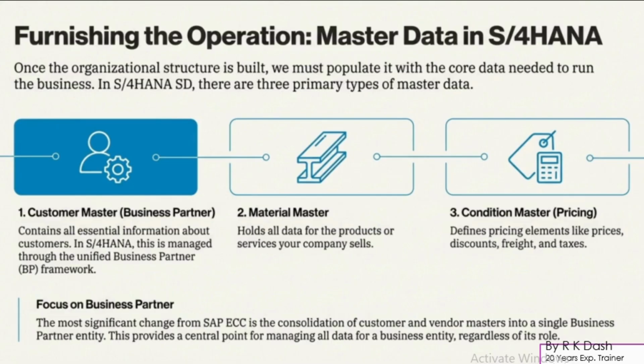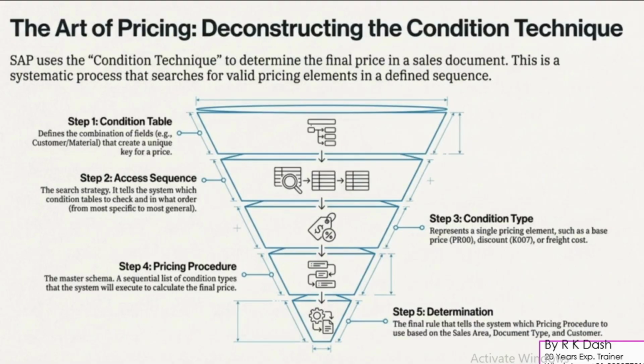So focus on business partner. The most significant change from SAP ECC is the consolidation of customer and vendor masters into a single business partner entity. This provides a central point of managing all data for a business entity regardless of its role.